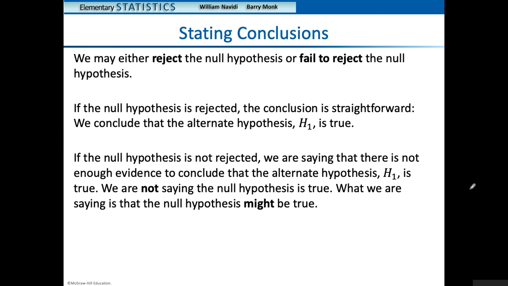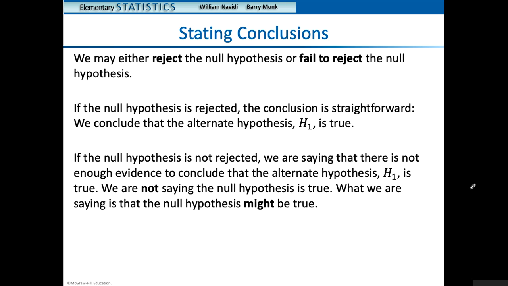After we gather the evidence and analyze it, we have to make a decision. And that decision will be to either reject the null hypothesis or fail to reject the null hypothesis. So our decision will always be about the null hypothesis. But then after we make that decision, we have to state a final conclusion. The most straightforward will be if the null hypothesis is rejected.